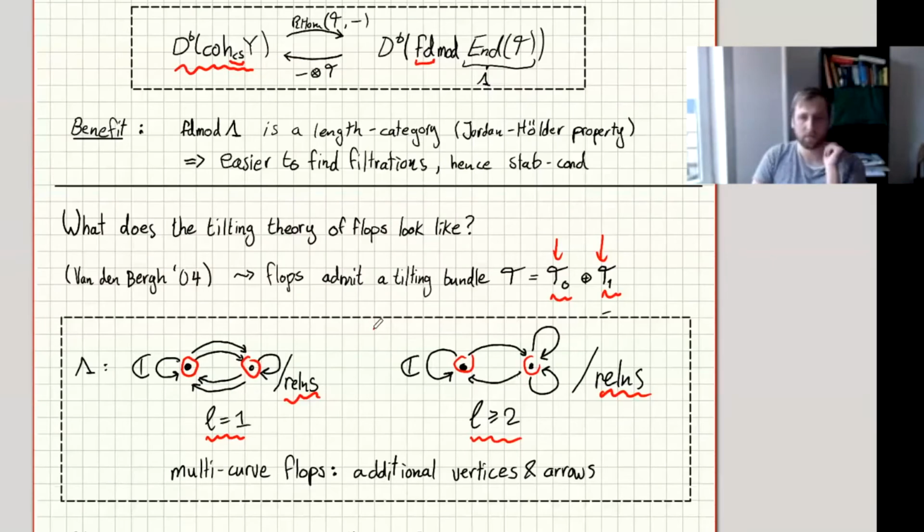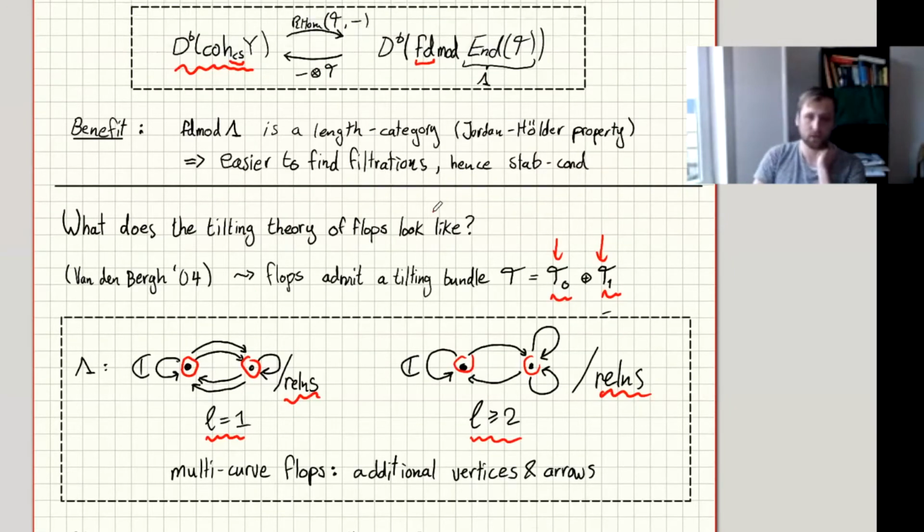Right. And in general, if you start looking at flops with other curves or flops with extra singularities on Y, you'll get more complicated stuff. So if you add a curve, you add a vertex in the quiver, and also extra arrows and relations, and everything becomes more complicated.